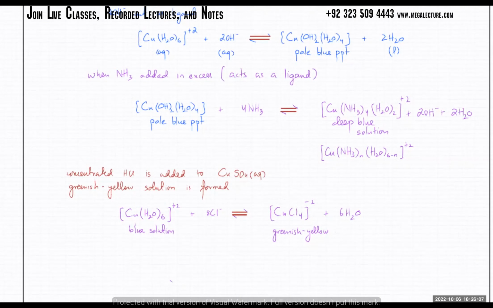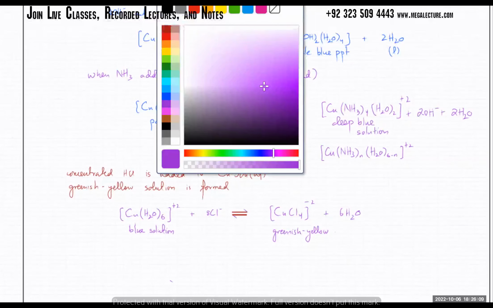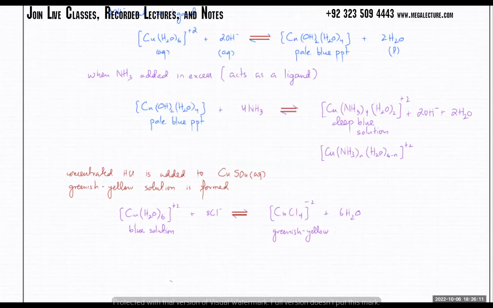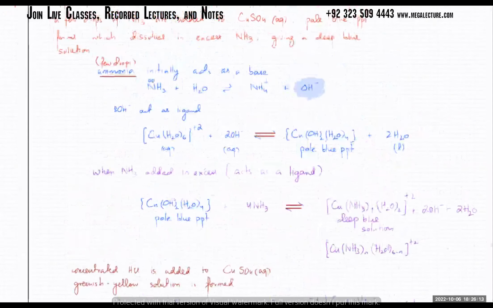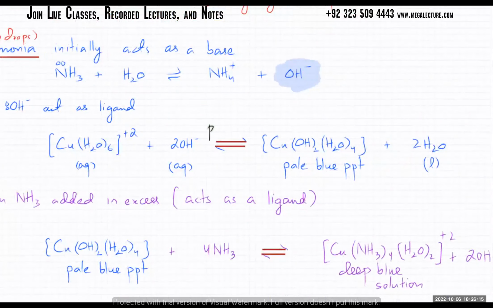All of them are ligand exchange, except for one of them. One of them is called precipitation. This one over here is precipitation, where a precipitate is formed. The other ones are all ligand exchange.